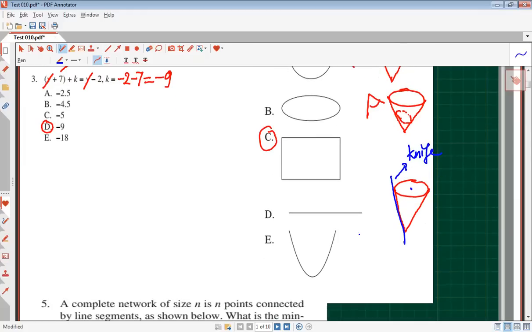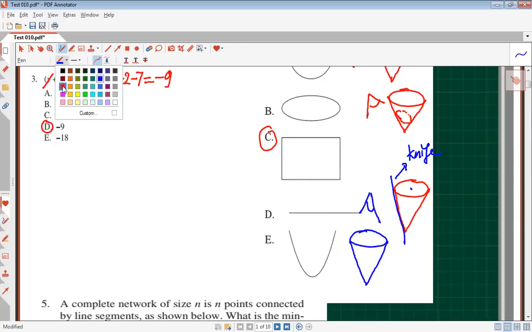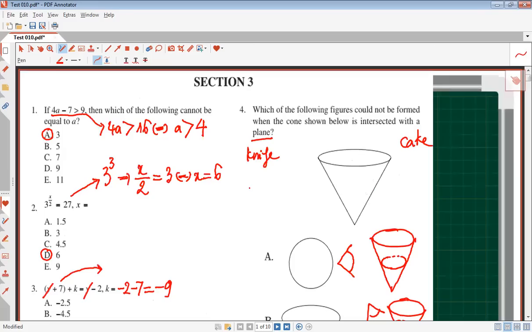And option E, it can happen when we put our knife vertical to the cone like this. And we can get the figure like this. The final result is option C.